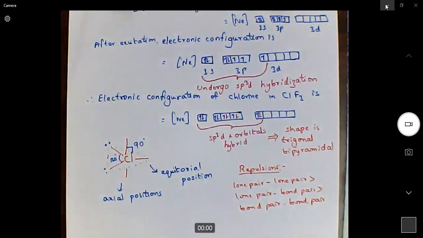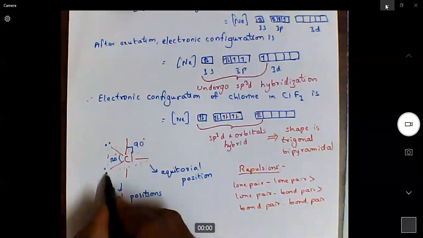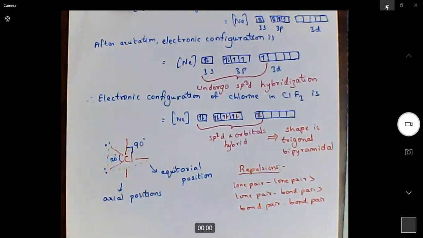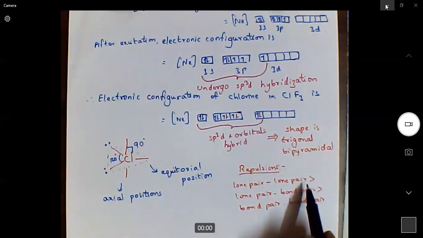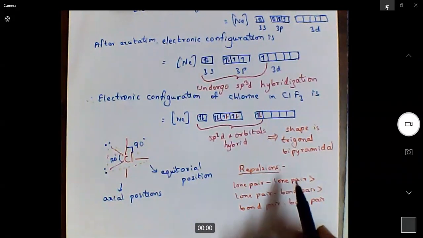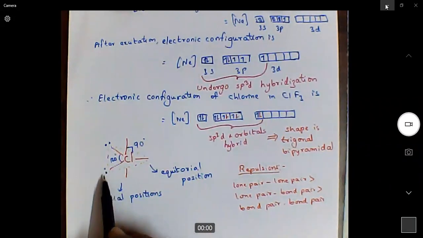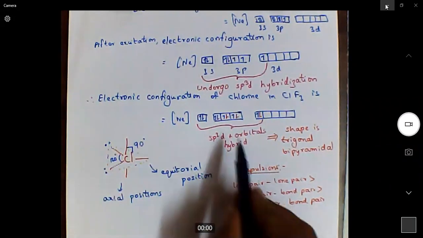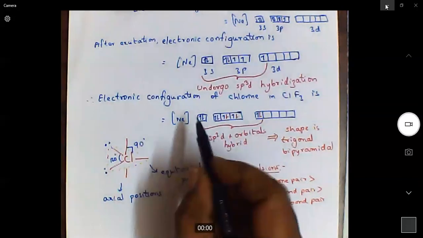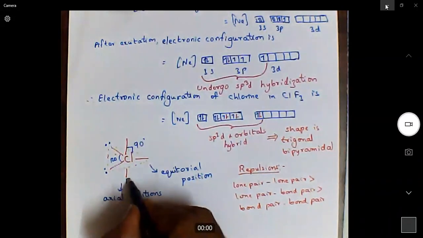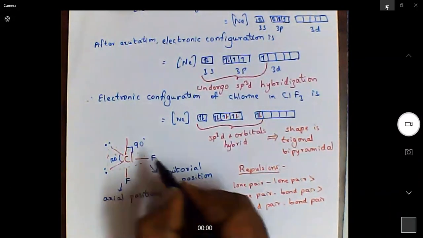Okay. So this is the criteria for placing lone pairs. Now the lone pair repulsions are greater, so they will lead to maximum instability. So we must place the lone pairs first. Then the remaining places will be filled with fluorine. We have 3 fluorine atoms, so we will place 3 fluorines here.